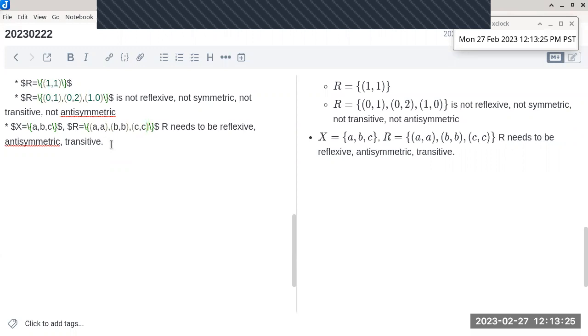All right, let me ask the next question, which is going to be a trick question. As soon as I label it as a trick question, you would probably guess the answer already, even without understanding the terms. The trick question is, what else do I really need in order for R to also be anti-symmetric and also transitive?